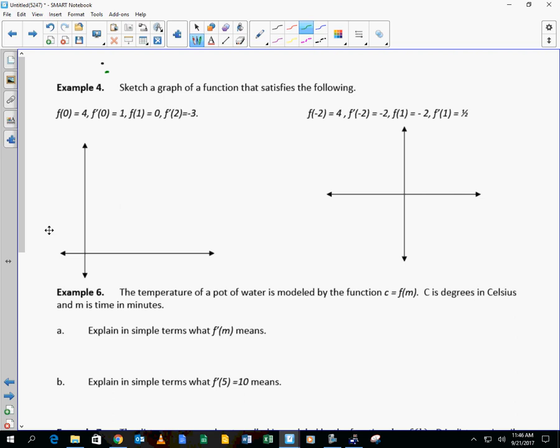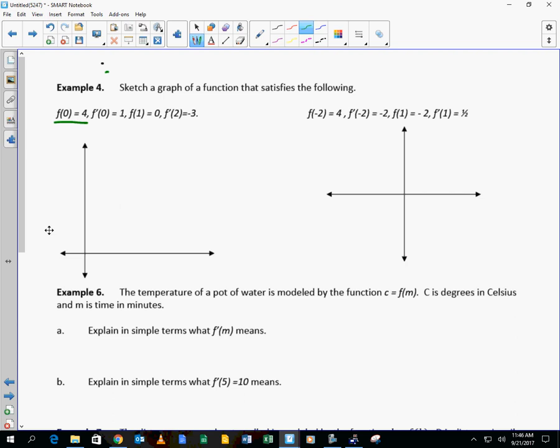But today, we're going to end with example 4. It's to sketch a graph of a function that satisfies the following. Okay. So we have some conditions that we want to meet here. What does that mean? Good. At 0, the y value is 4.